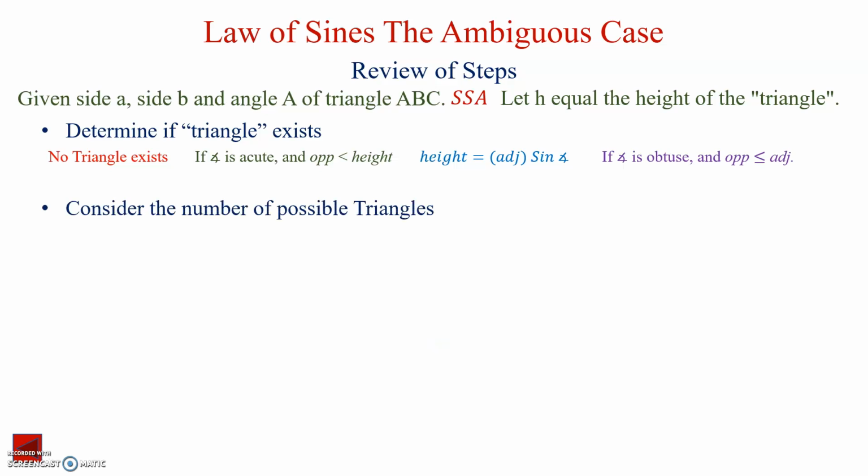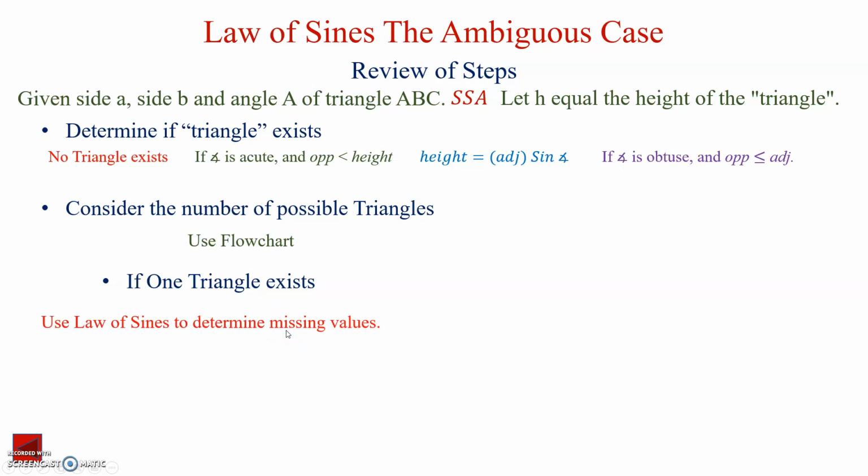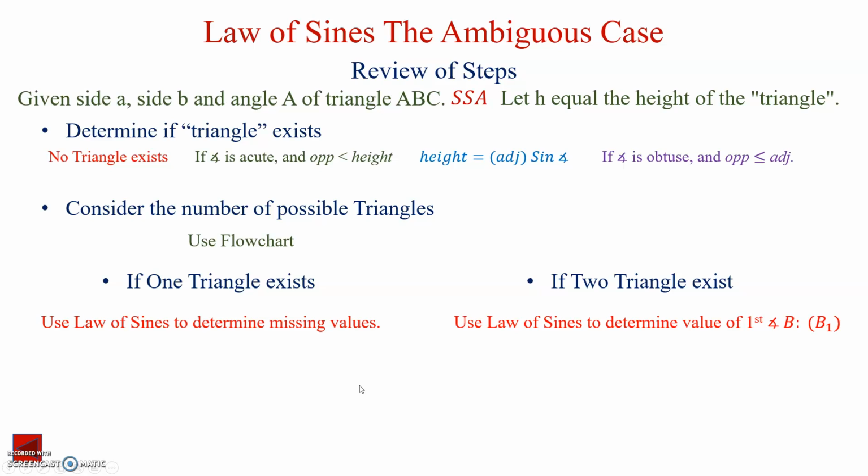Once we determine if triangles exist, we'll consider how many. We use the flow chart to determine how many. If there was one triangle, we just use the law of sines to determine the other missing values. If there were two triangles, again, we would use the law of sines to determine that first angle B. Once we got that first angle B, we can find the second angle B. It was simply the supplement of angle B sub 1.